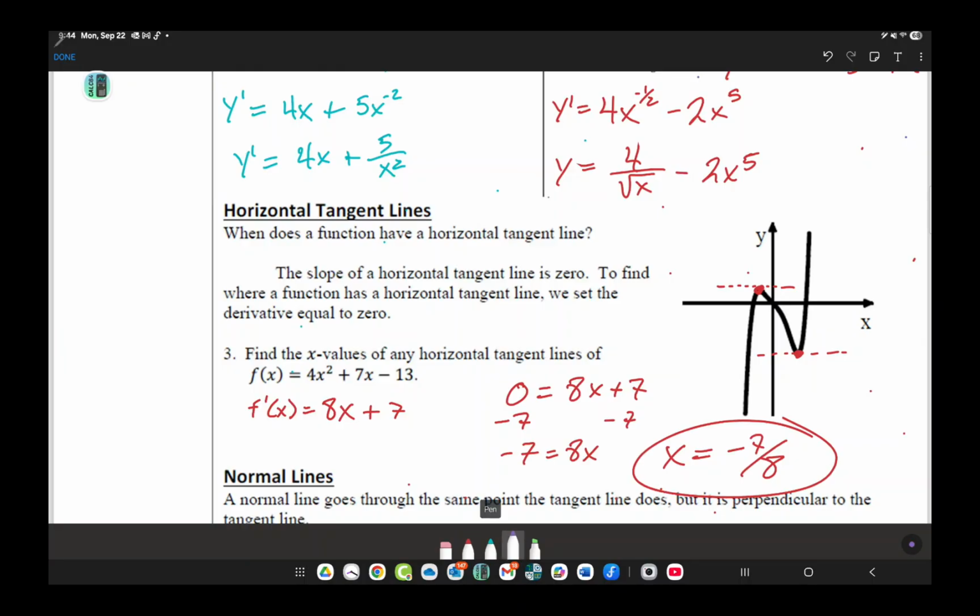Just to show you, if you remember ax squared plus bx plus c, what's the derivative of that? 2ax plus b, c's gone. And if we set that equal to 0, x is going to be negative b divided by 2a. So that's where that formula came from.